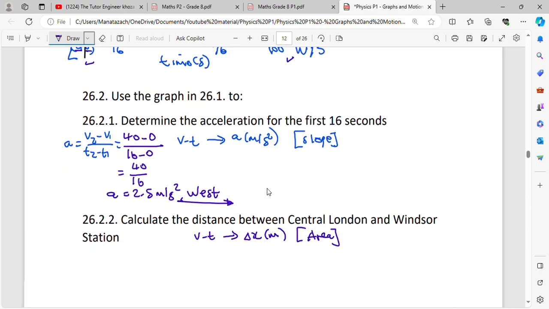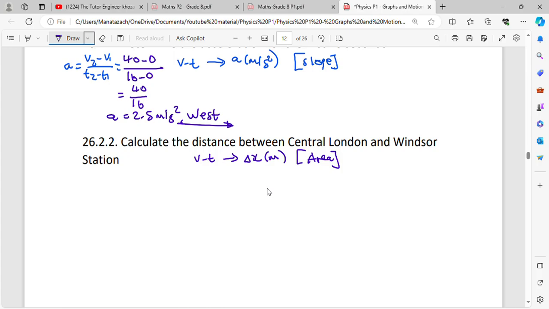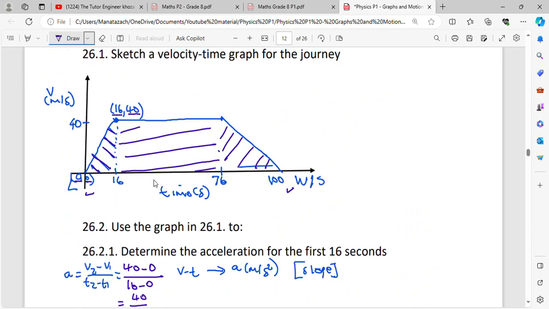So let's start with the first triangle. Let's call it change in x1. What do we have here? We have 16 as the base, and then the height is going to be 40, right?